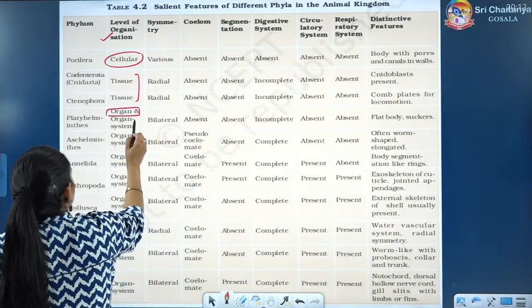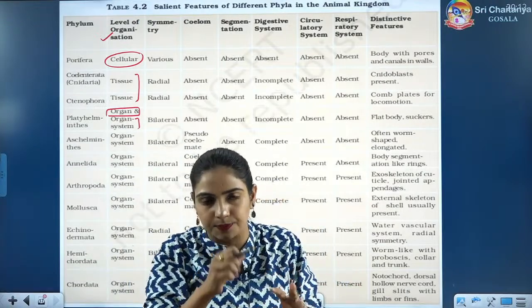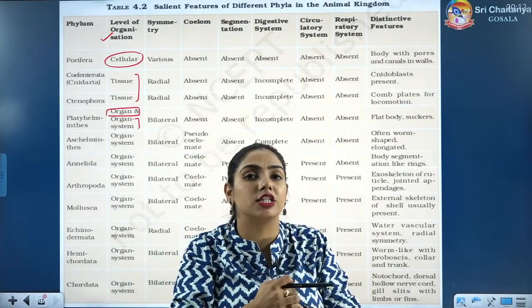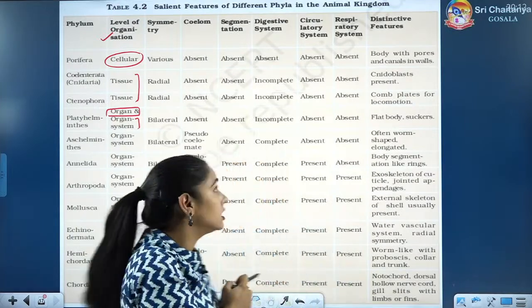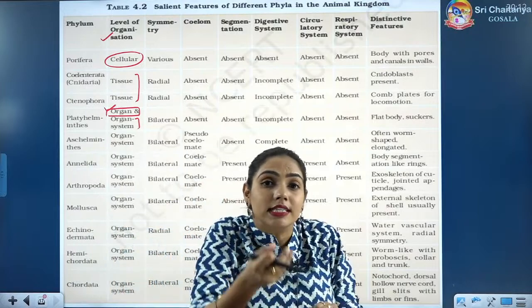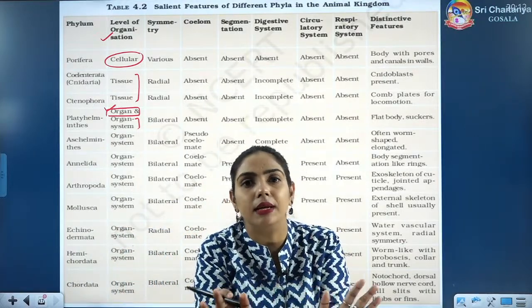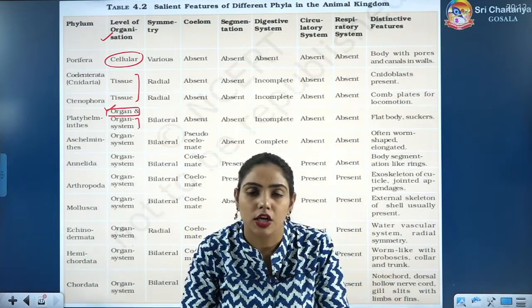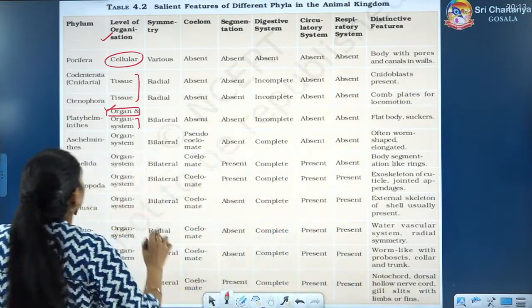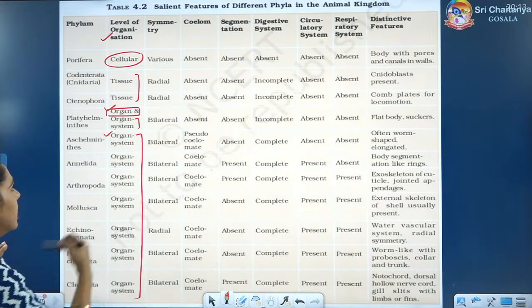Now why is organ system also given? For the first time, organ level of organization is seen in the phylum Platyhelminthes. So we will be considering organ level, but the organ system has also started forming, though completely they have not formed. That is why we are considering organ system from Aschelminthes till Chordata.